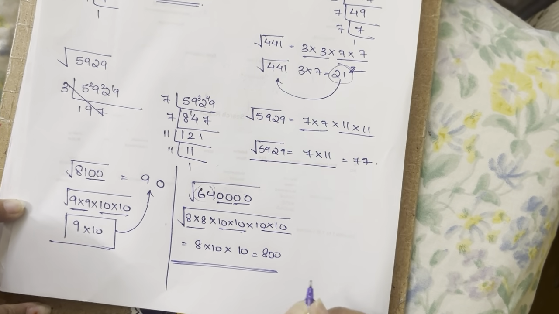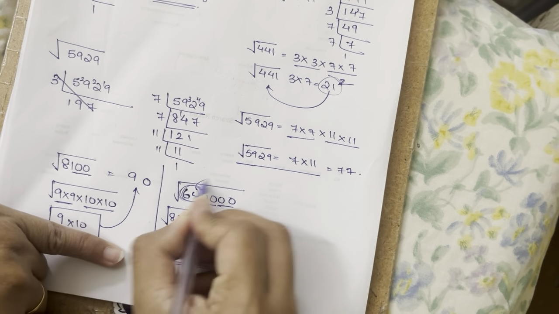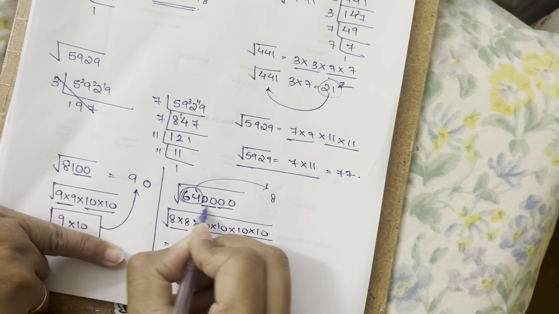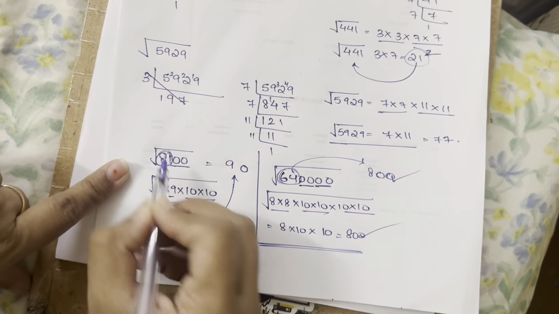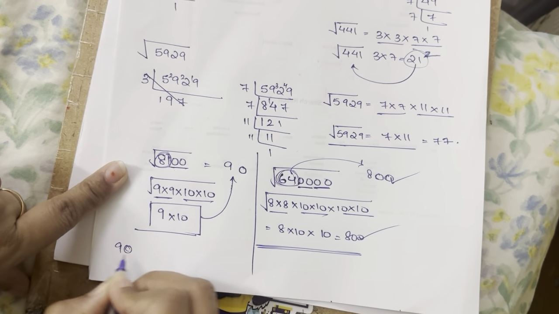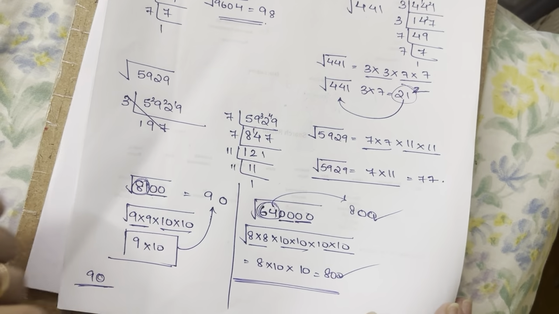Or you can do it directly as well: the root of 64 is 8, and each pair of zeros becomes 1 zero, so 800 is the answer. Likewise for 8100, the root of 81 is 9, and double zeros become 1 zero, so the answer is 90. So this is how you do the prime factorization of the numbers.